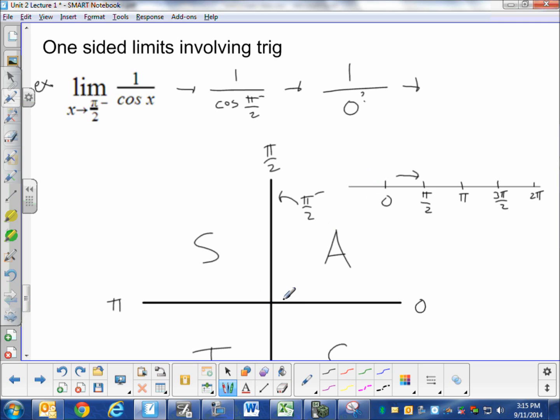Well, the cosine values where we're to the left of pi over 2 are positive in the first quadrant. So yes, we're approaching 0, but since cosine is positive in the first quadrant, we'll be approaching 0 from the right, or we'd be having a positive infinitely small value. Meaning this would be something infinitely big and positive as well.